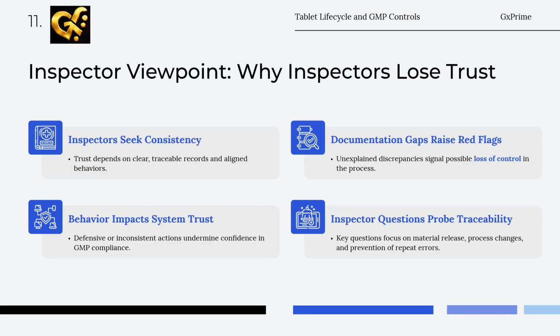When records are incomplete, inconsistent, or unclear, inspectors see it as a possible loss of process control. And when employees become defensive, hesitant, or provide conflicting explanations, trust in the quality system begins to decline. In pharmaceutical inspections, trust is built through consistency, transparency, and documented evidence.